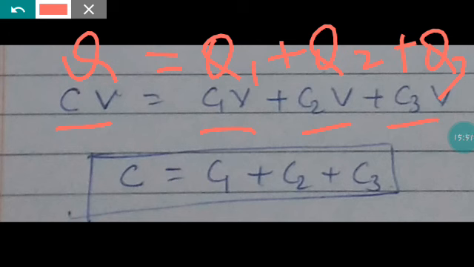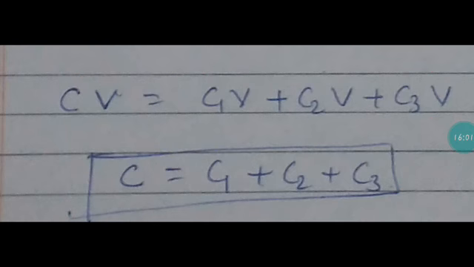So V is taken common and cancels out, and therefore we have the final result C is equal to C1 plus C2 plus C3.